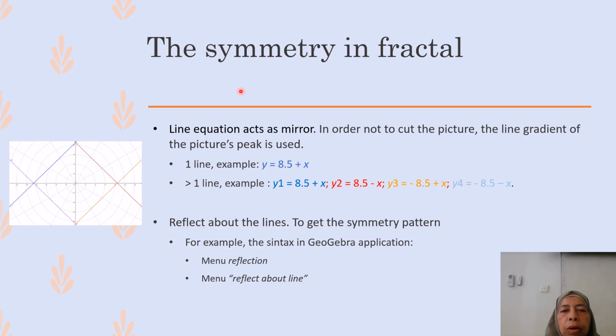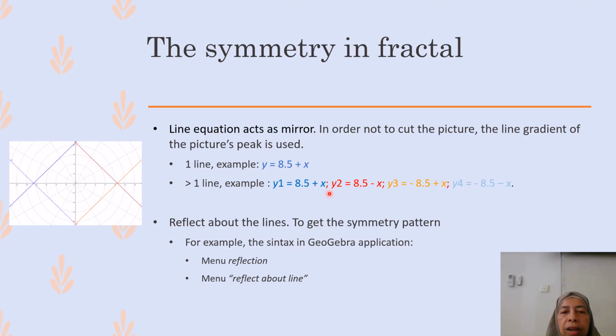When we want to take advantage of the symmetry property of the fractal, we can use line equations. For example, the equation for the first blue line is y equals 8.5 plus x, but for all the lines here, we have different equations with different gradients also.